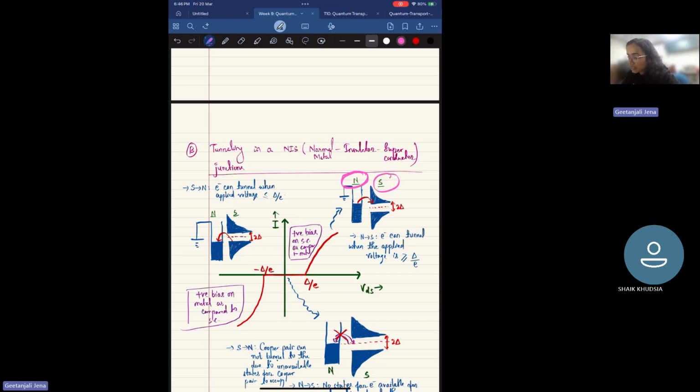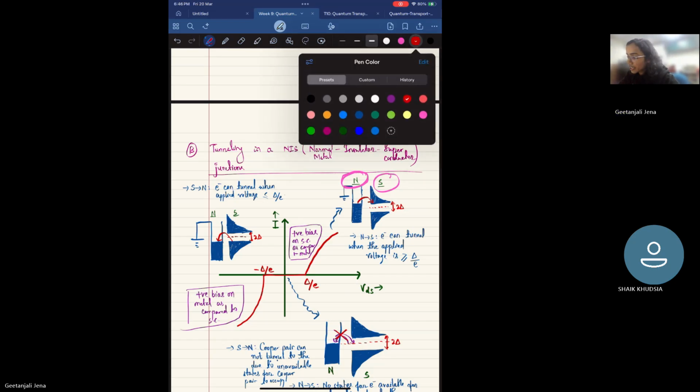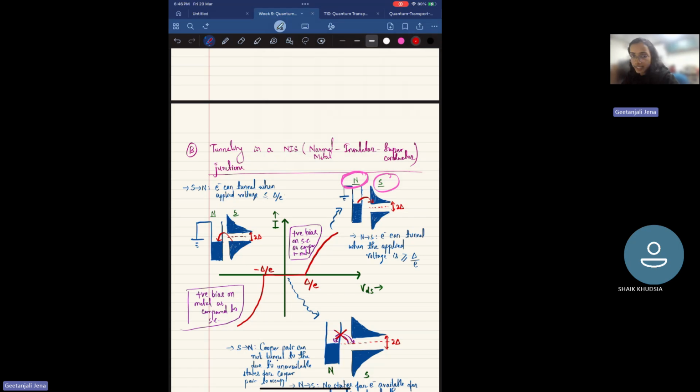What will happen if the applied voltage is such that the top of this energy level is in line with the single particle states of the superconductor?